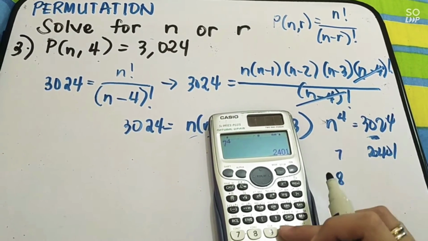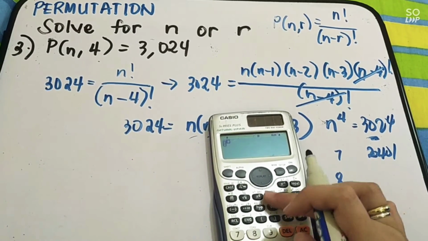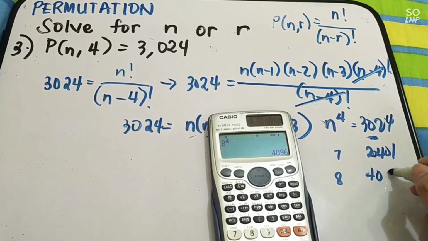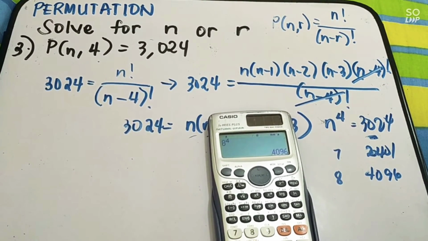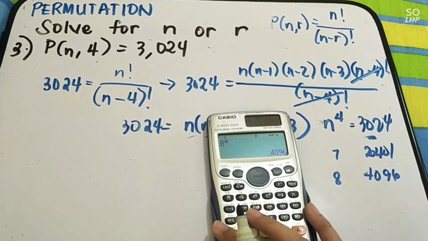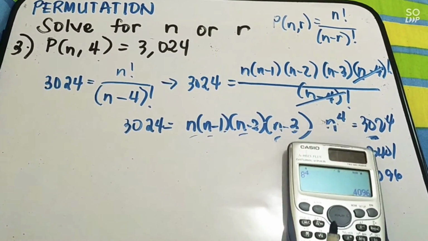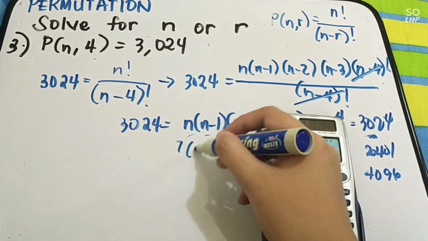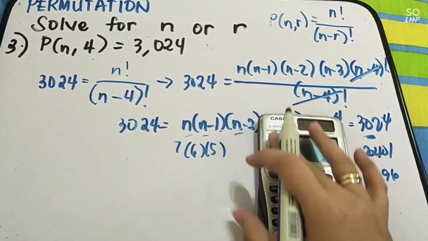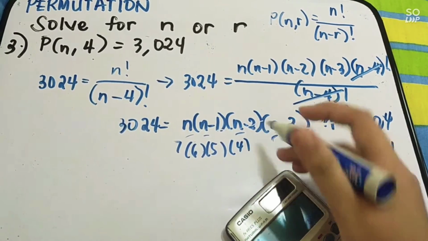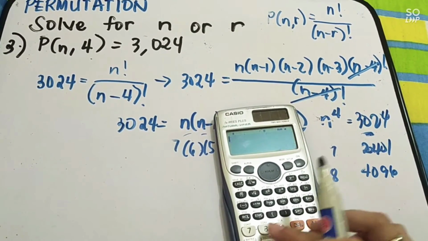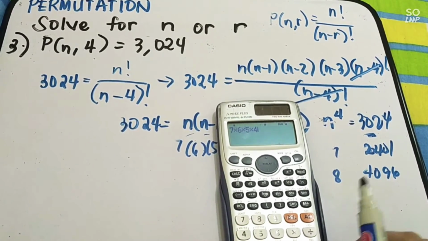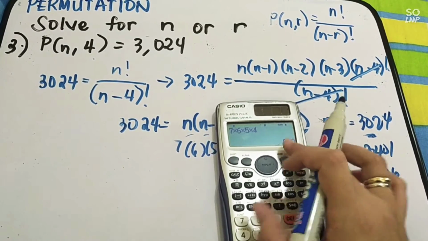Let us have 8 raised to 4. We have 4,096. So, those are the near ones. Now, let us try 7. What if you put 7 as n? It becomes 7 times 6 times 5 times 4. If you multiply 7 times 6 times 5 times 4, the answer is 840. So, 7 is not possible.